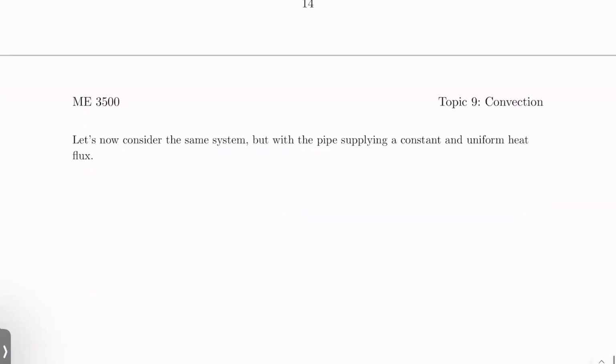Okay. The second case would be if the pipe supplying heat to the fluid inside of it was supplying a uniform heat flux. So now we have constant q dot s instead of constant TS, okay?